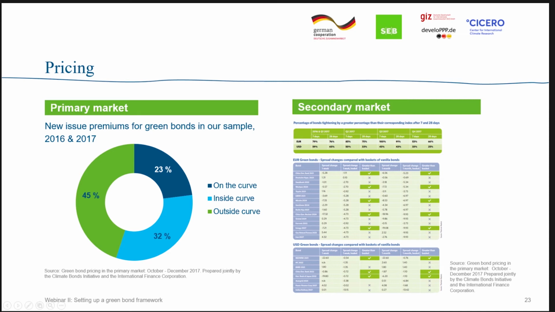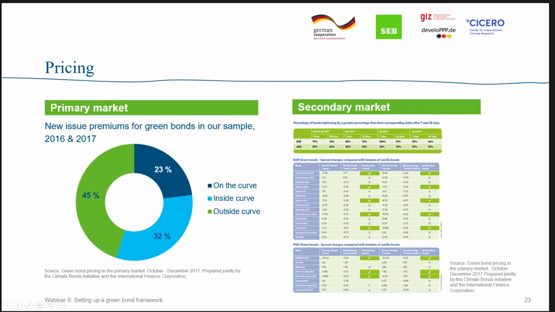Primary Market report, which was prepared by the CBI, the Climate Bonds Initiative, and IFC for the period October to December 2017. That report states, the new issue premium is extra yield that a buyer gets and the seller pays for a new bond, compared to where seasoned bonds from the same issuer are trading in the secondary market.